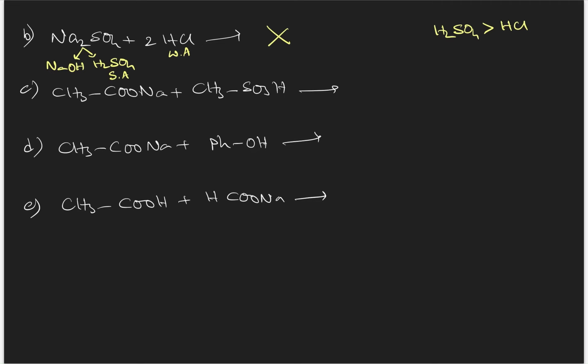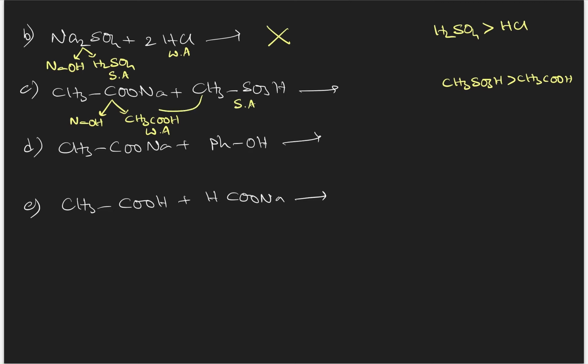Coming to the next example, in a similar way, this is sodium acetate, a salt of NaOH and acetic acid. If we compare acetic acid with methane sulfonic acid, methane sulfonic acid is more acidic than acetic acid. So this is a weaker acid and this is a stronger acid.